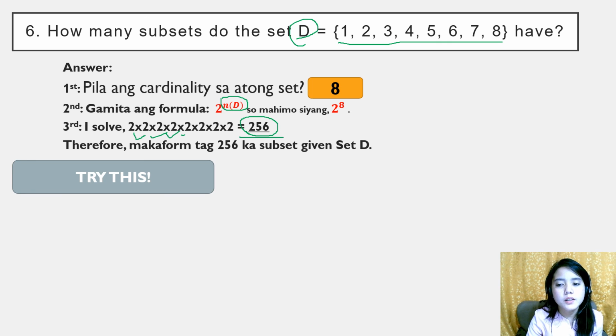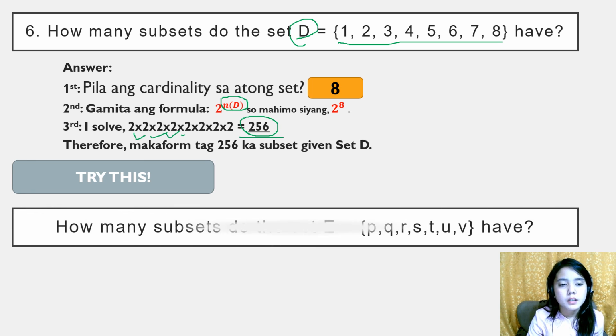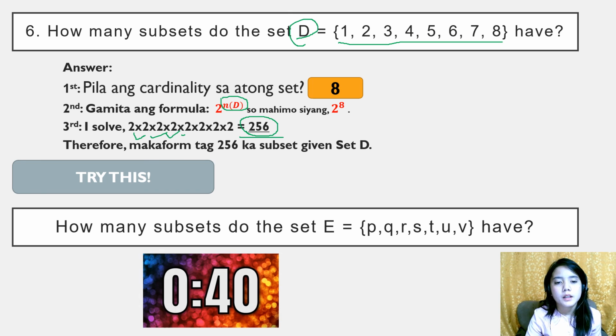Okay, try this. Okay, your turn now. How many subsets do the set E, P, Q, R, S, T, U, V have? Okay, I'll be giving you 40 seconds. Please write this one in a scratch paper only for your solution.